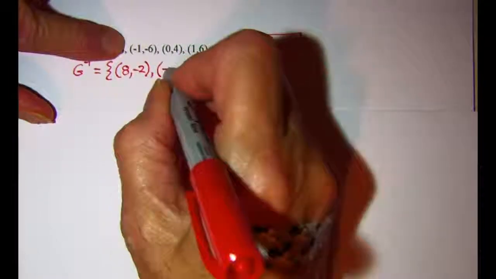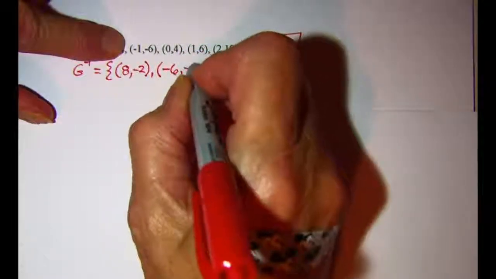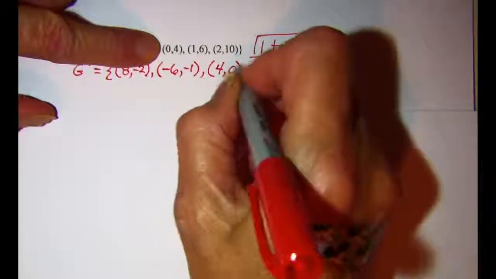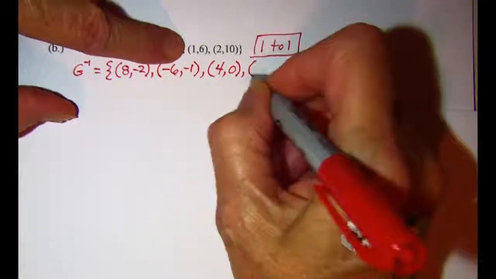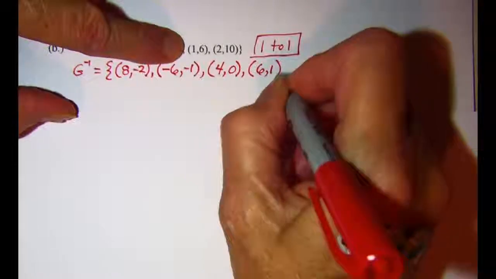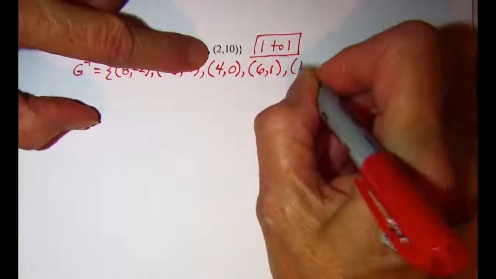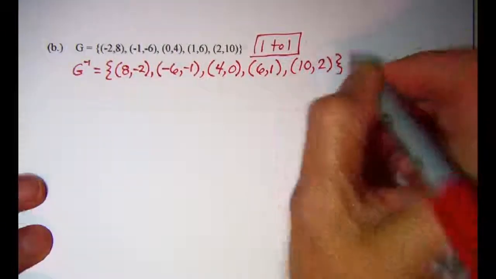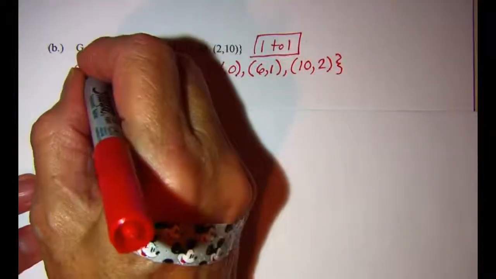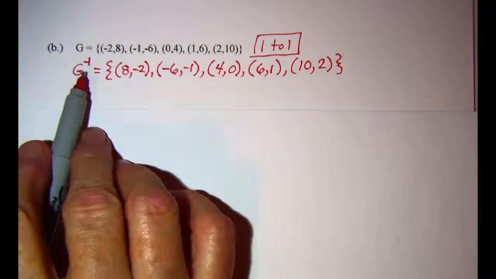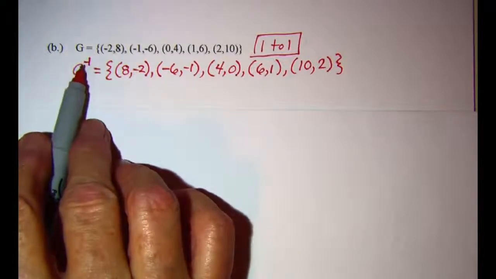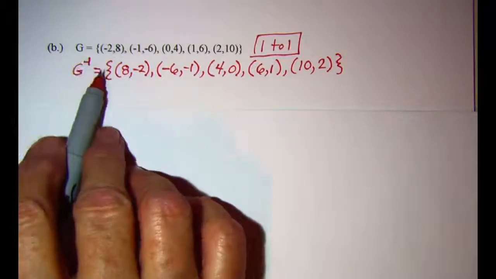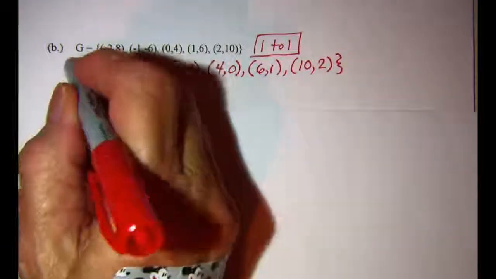Next one will be -6, -1, 4, 0, 6, 1, and 10, 2. And you show your inverse with what looks like an exponent, but it's actually just the inverse symbol. So G inverse is this set of ordered pairs.